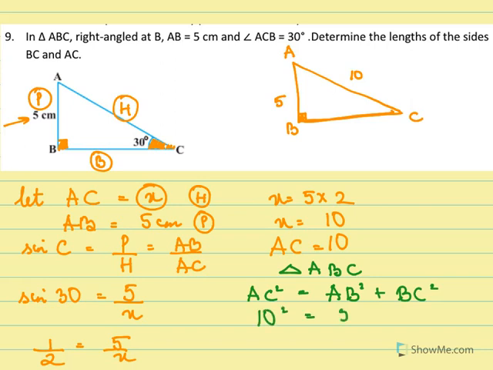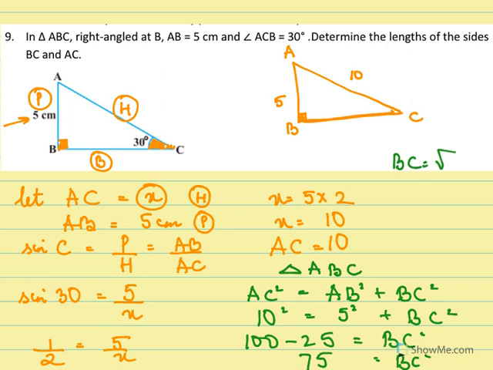AC is 10 square, AB is 5 square, plus BC square. That is 100, minus 25 here, equal to BC square. So BC square is 75. So your BC will be under root 75, and BC is 5 under root 3 centimeters.